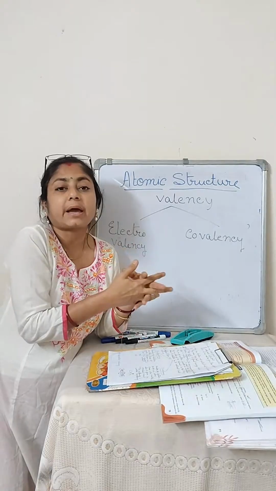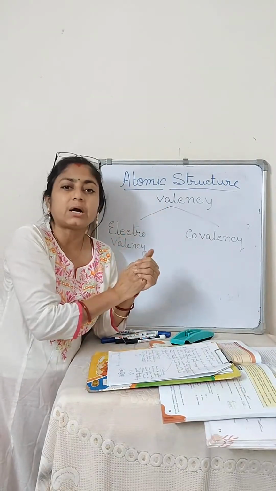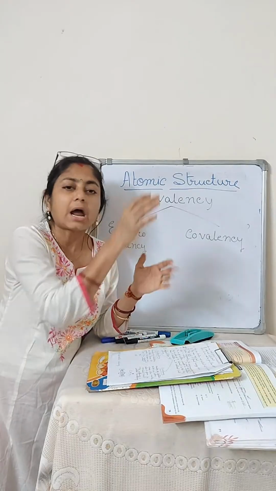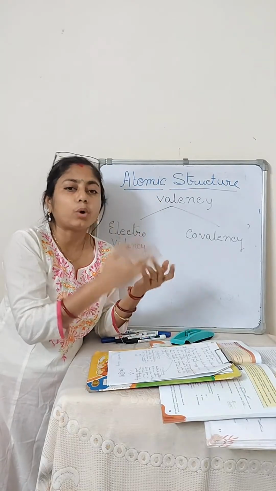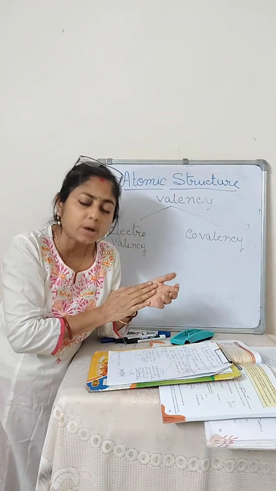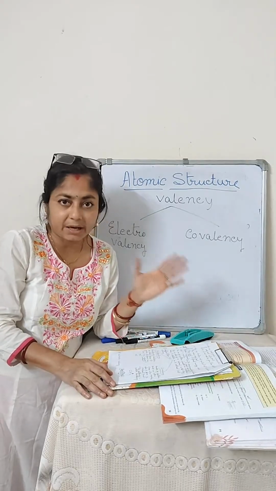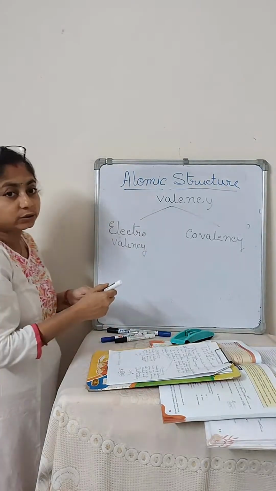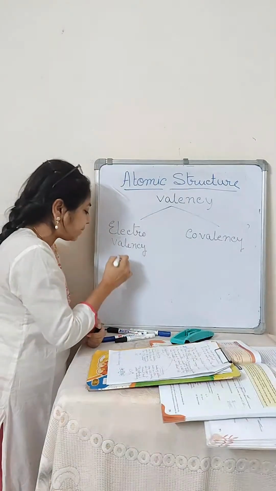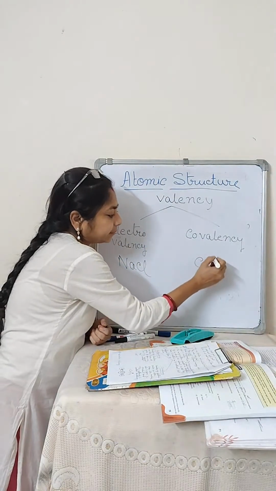The atoms cannot give electrons totally. They share 1 or 2 electrons and make a bond, and both atoms use this bond and make a new compound. I give an example. This is an electrovalency compound, example NaCl, and this is methane.